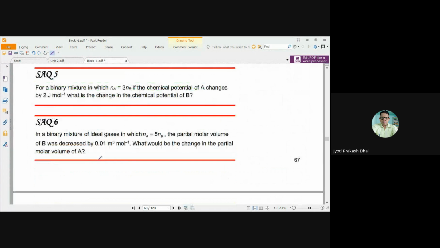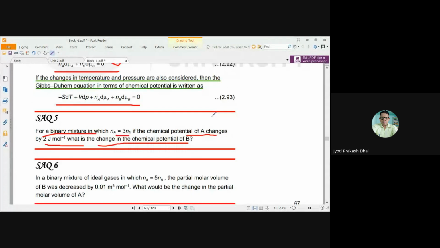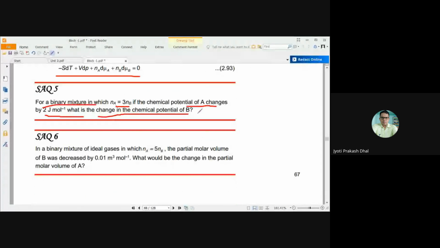So here a few questions are there. For a binary solution where nA equals 3 nB, if the chemical potential of A changes by 2 joule per mole, what is the change in chemical potential of B? This can be easily solved by using the above equation.